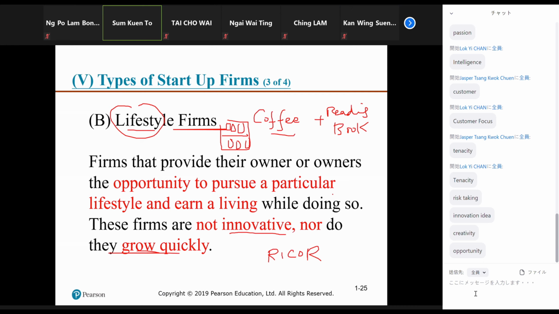Or you love cats and dogs, and you may have a pet cafe where people can bring along their cat. This is popular now and not very innovative, unless you have something new. Otherwise you are just following others, because you really love reading books, you really love pets, and this is a lifestyle firm as a startup.